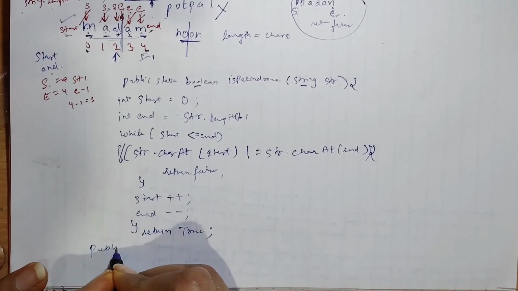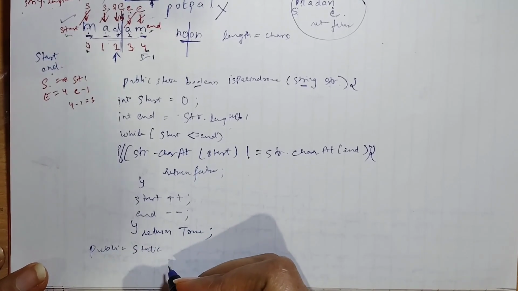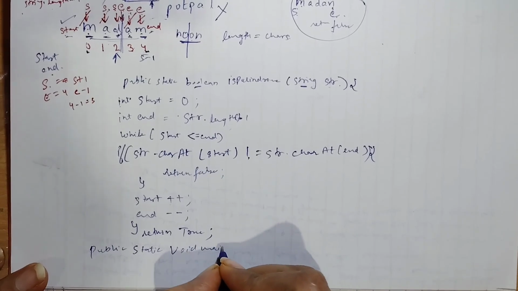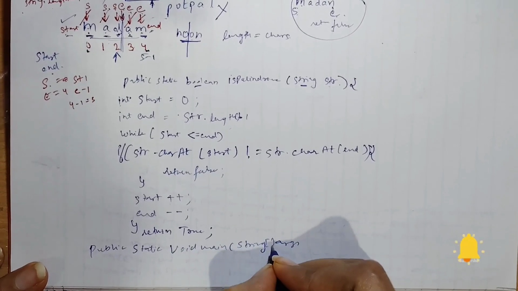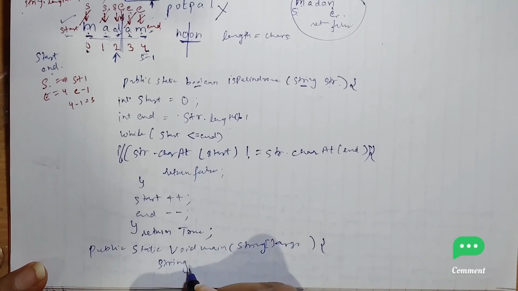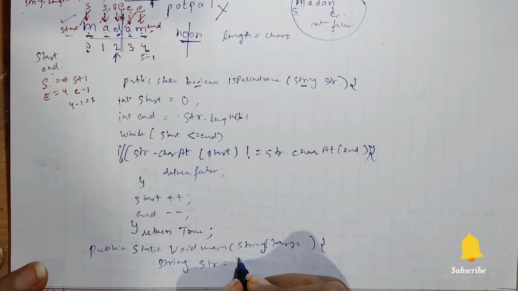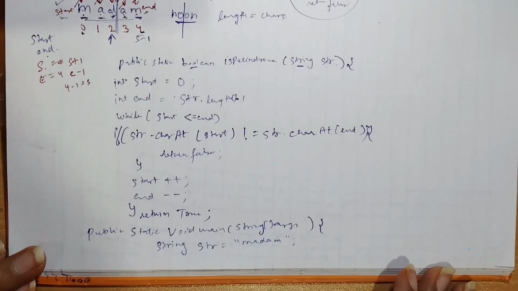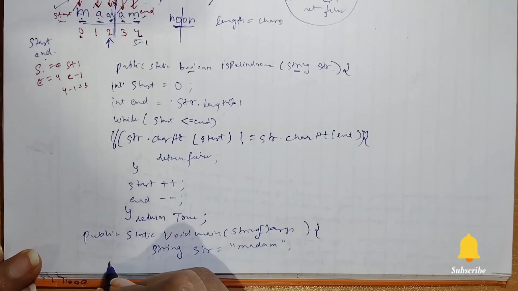So we will write public static void main(String[] args). Now we are telling our code editor that our string str is madam, so we will write madam, and now we will call this function isPalindrome.